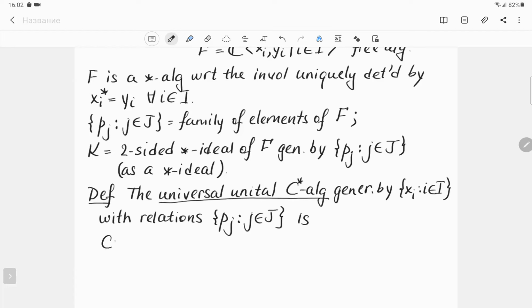We denote it in the following way. And by definition, this is the C-star envelope of the quotient of F modulo K, if it exists, of course.